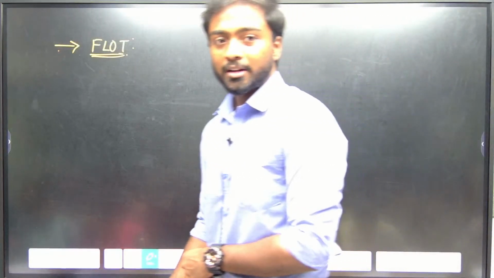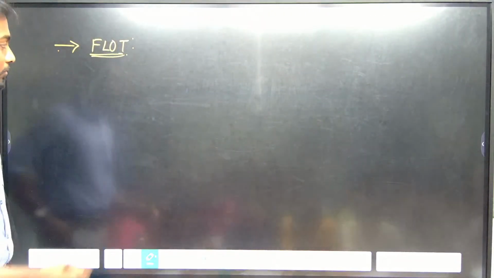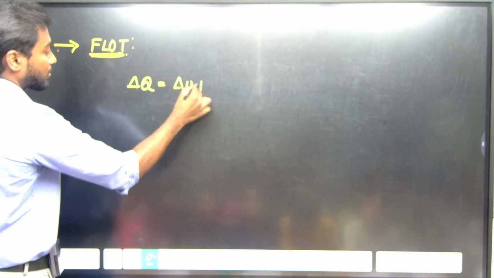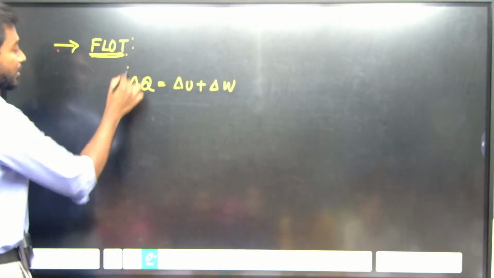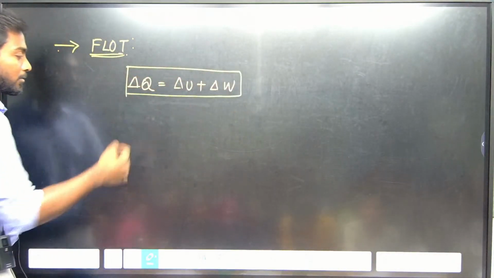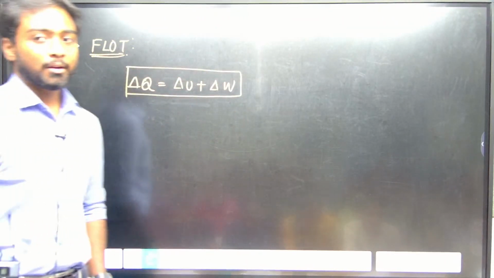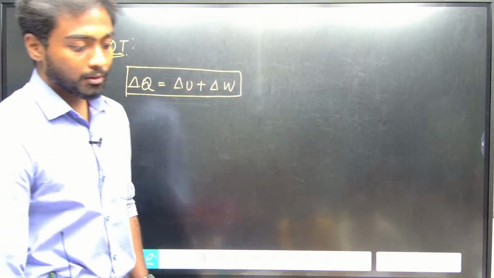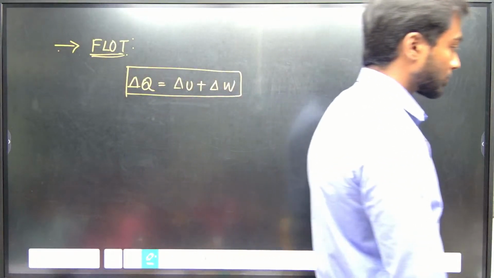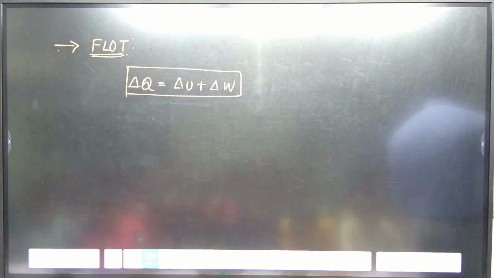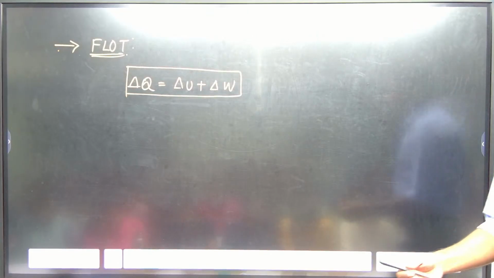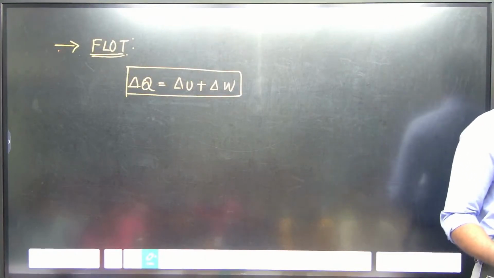Delta Q is equal to delta U plus delta W. So what is delta Q? Heat. U is internal energy and W is work done. So delta Q is the amount of heat, delta U is internal energy, delta W is work done.